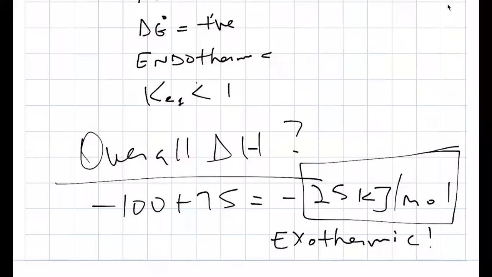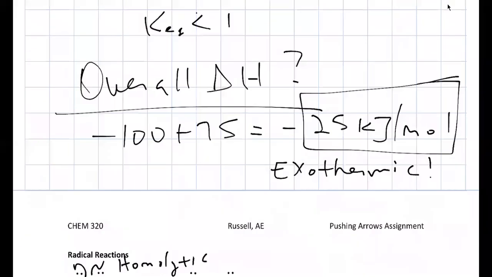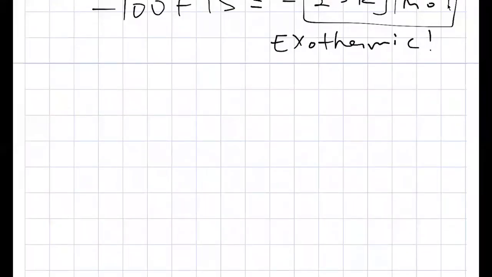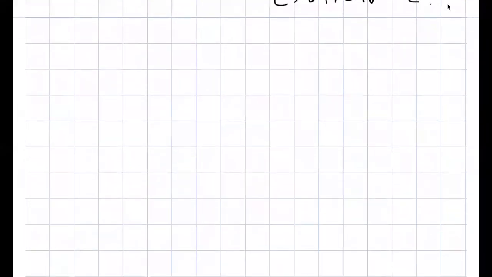All right, let me give you an example. I'm just going to throw another page in here, because this is stuff that you're going to use in perpetuity. You're going to use this for everything that we do from this point forward. So let's say I had a bond between carbon and hydrogen, and I wanted to break it.